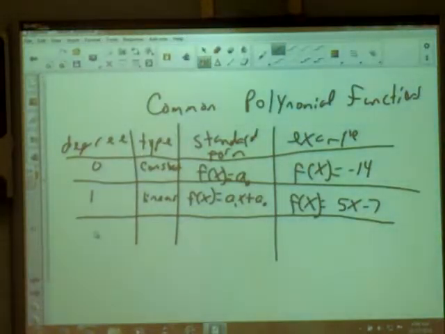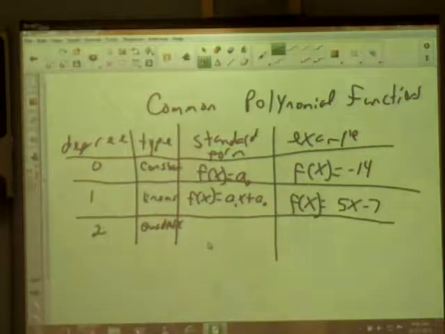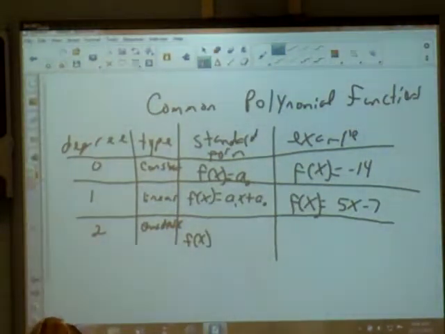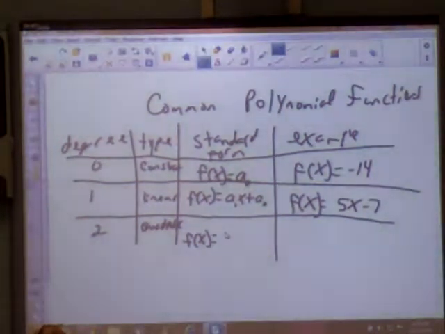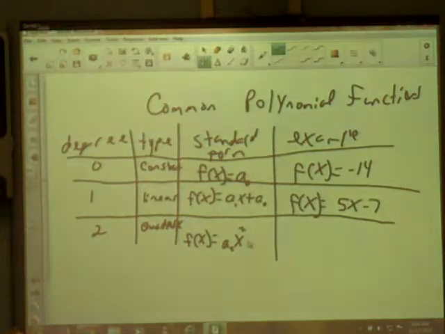Alright, second power, or degree, that's what we did all for the last month. That's a quadratic. We have f of x equals, it has to be squared in a quadratic, plus a1x plus a0, building on these up here.